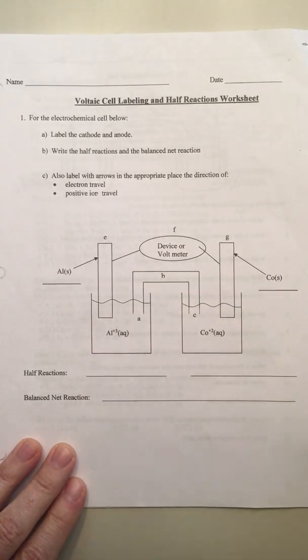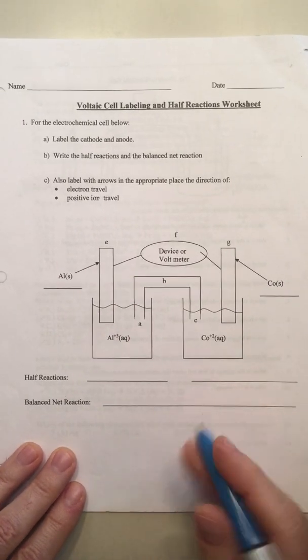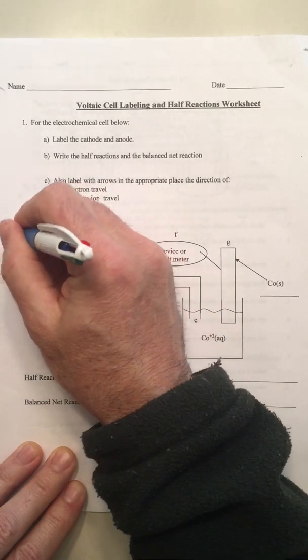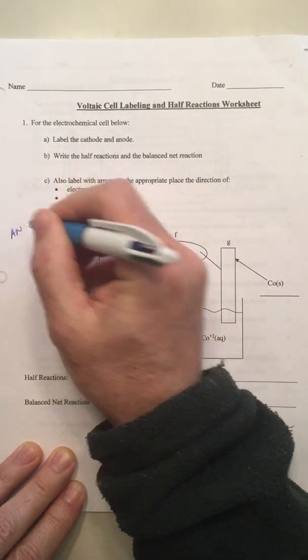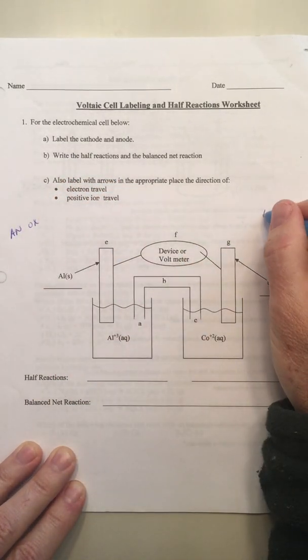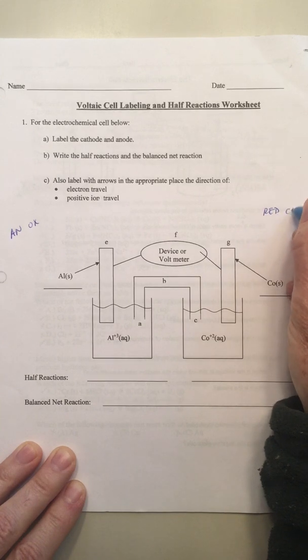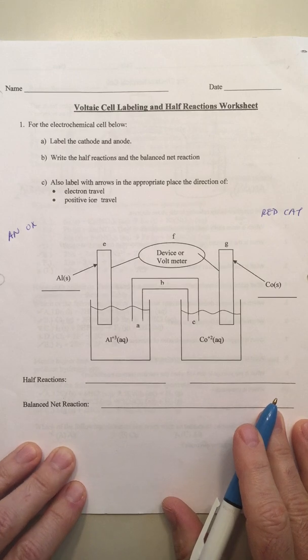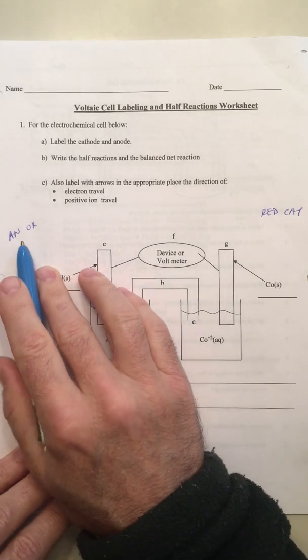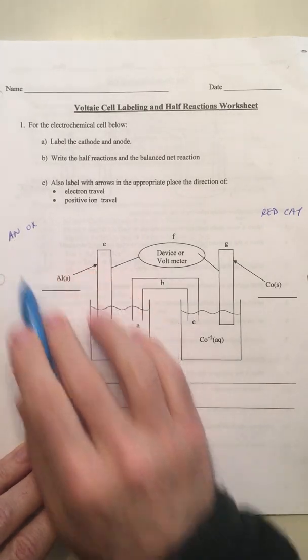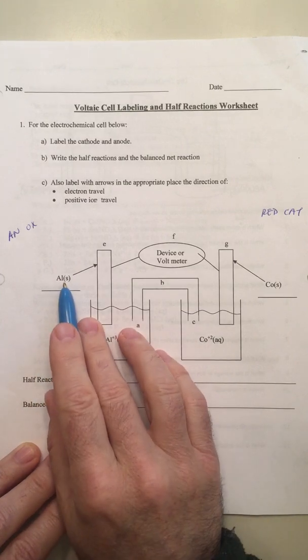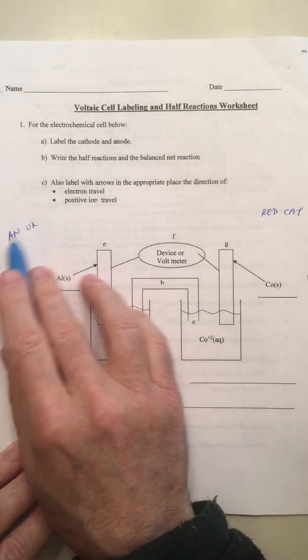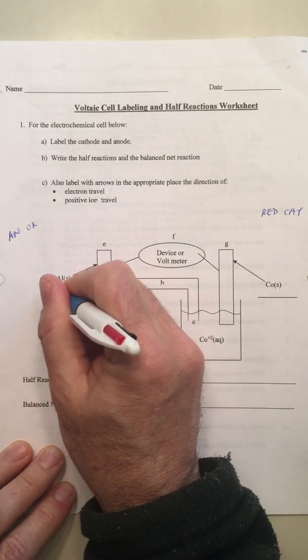Okay, so what's our mnemonic for this? Well, you should remember an ox and red cat. Okay, so an ox means oxidation happens at the anode. So we just looked on table J and saw that aluminum is going to be oxidized. So that means this is the anode.